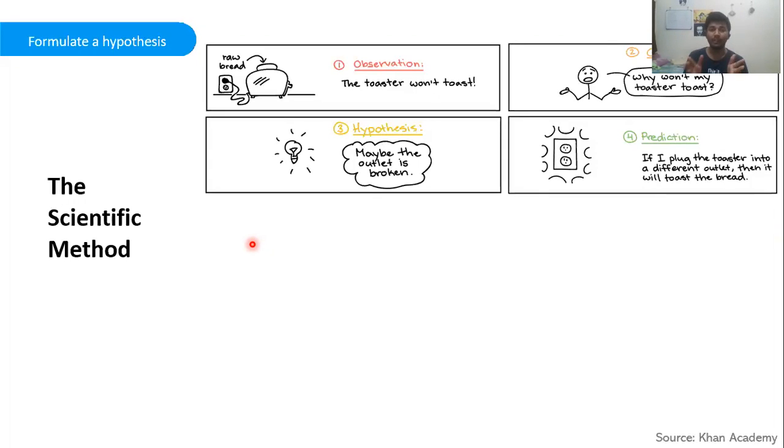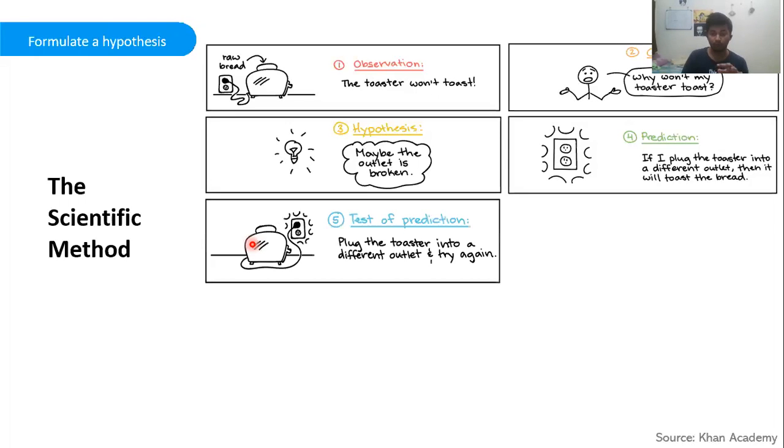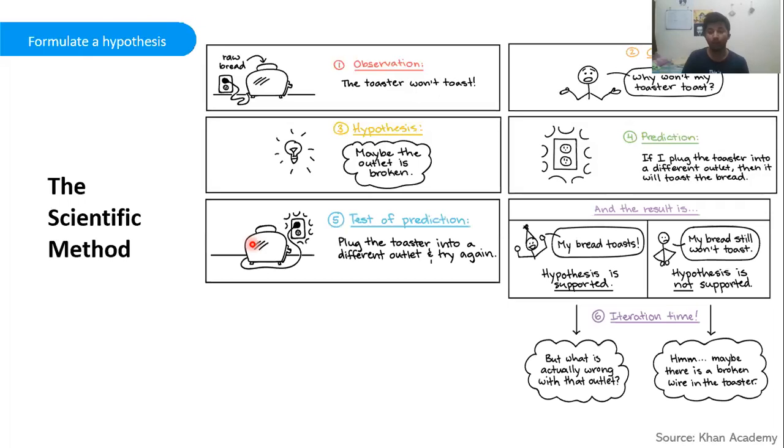So what we need to do now, once we have made a hypothesis and made a prediction, is check if the prediction is actually working or not. To test the prediction, what we simply do is हमने toaster लिया and we put it into another outlet. So यहाँ ये करने के बाद we have two outcomes: either the toaster starts working or it may not work.